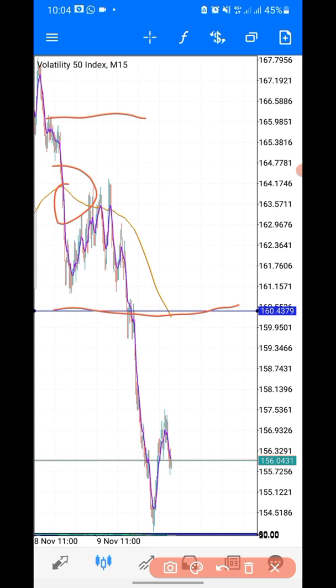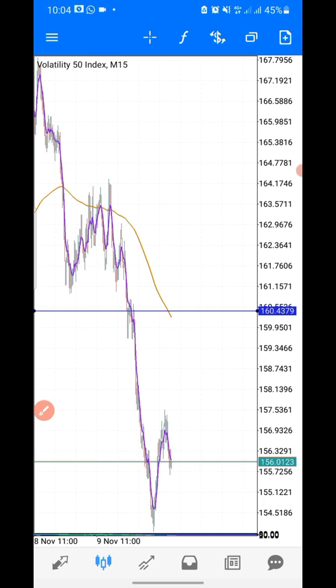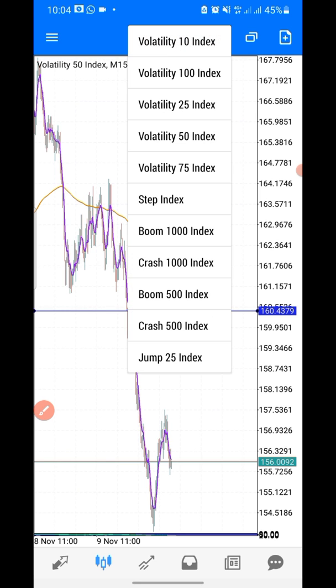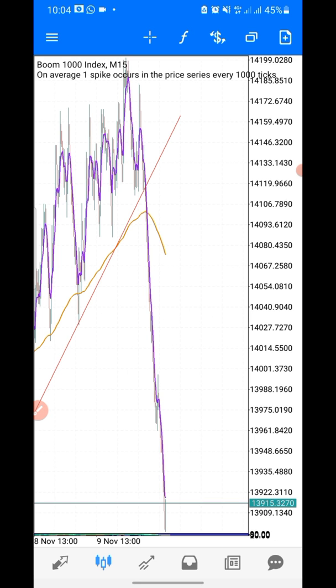Like I said, it's always a good risk to reward trade, and as you can see here, the trade did go our way. If we did take this trade, we would have secured our trade profitably. So as you can see, it's a powerful strategy that works on all volatility indices, including Boom and Crash.